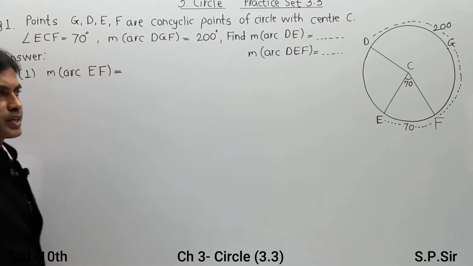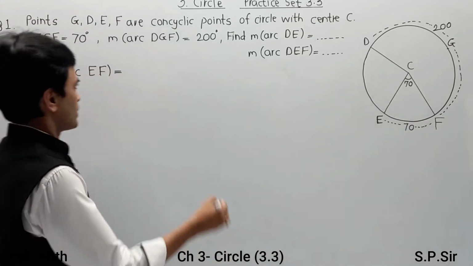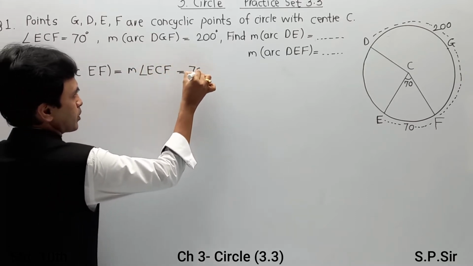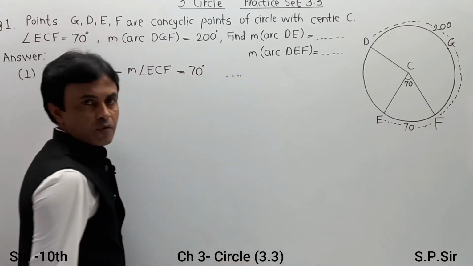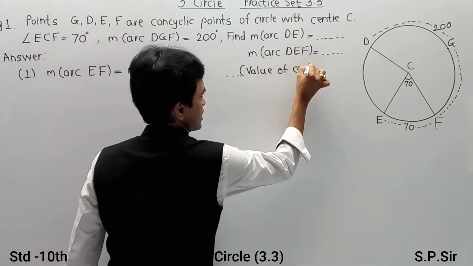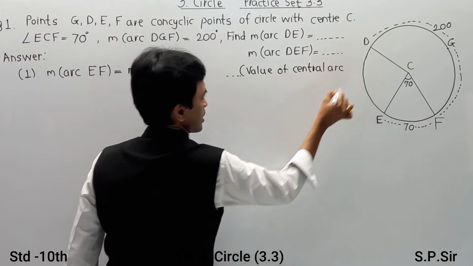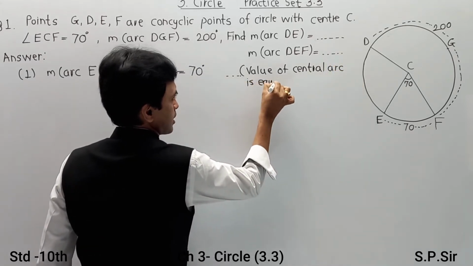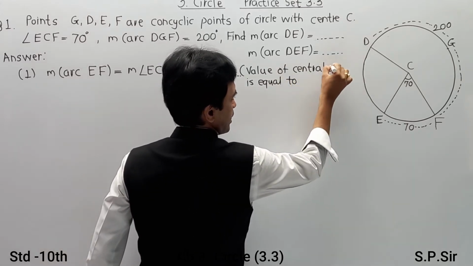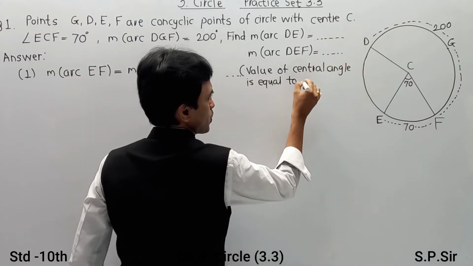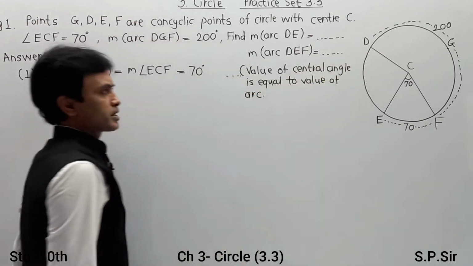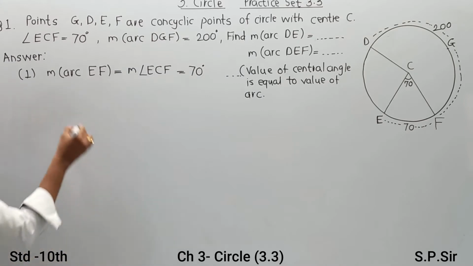Here major arc EF is nothing but central angle ECF, and that is definitely equal to 70 degrees. Reason: the value of a central angle is equal to the value of its arc.